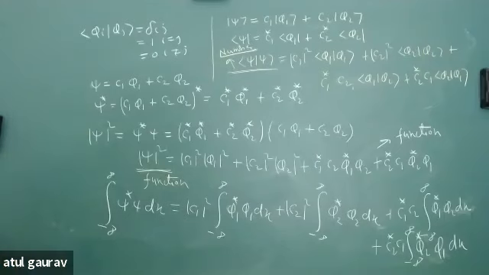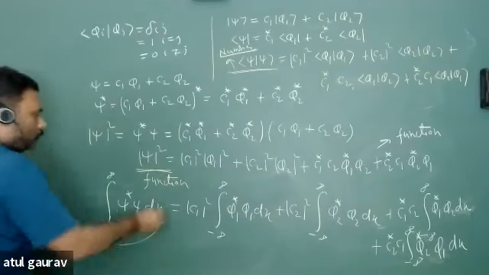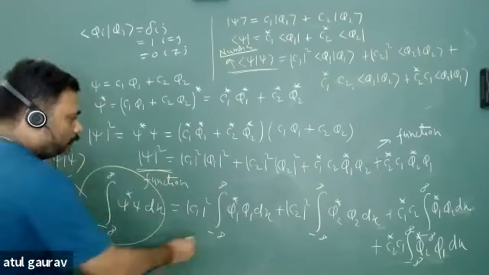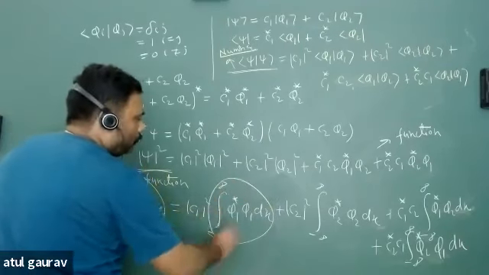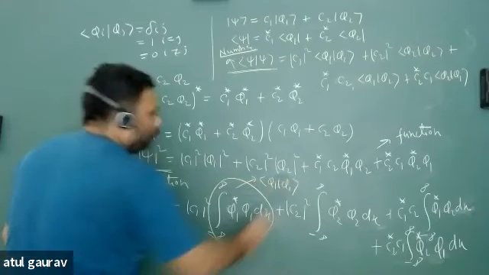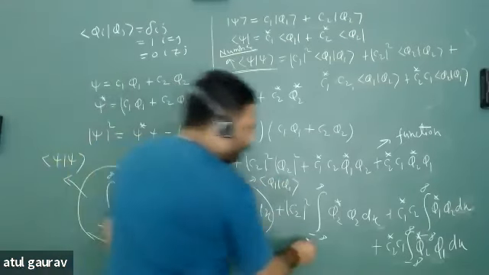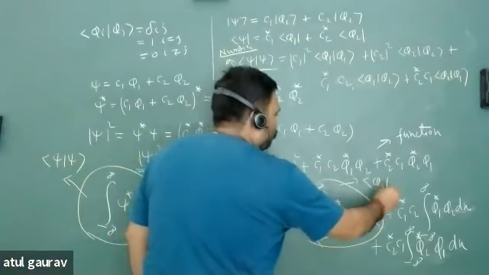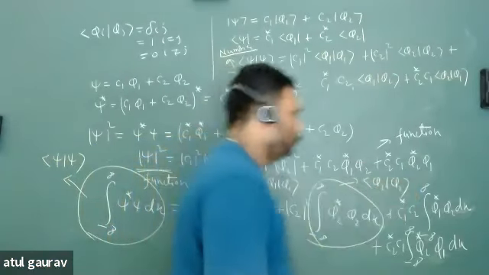What is the meaning of that? What is the actual meaning of that? The actual meaning is that this is actually <psi|psi>. This is actually <phi1|phi1>. This is actually <phi2|phi2>.